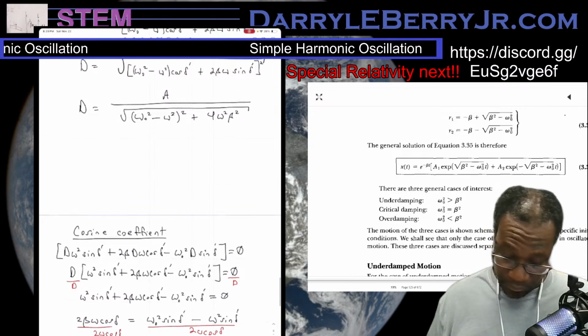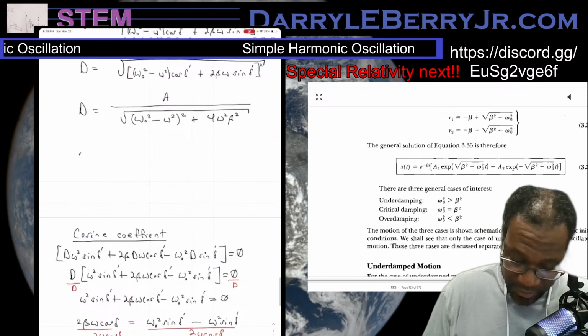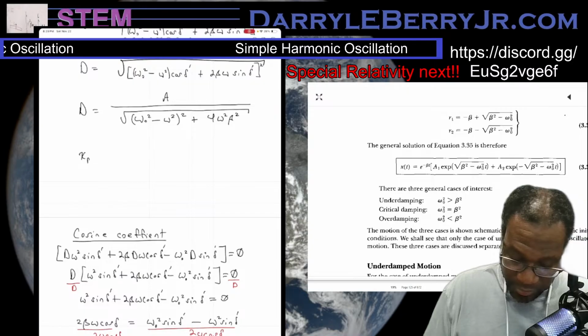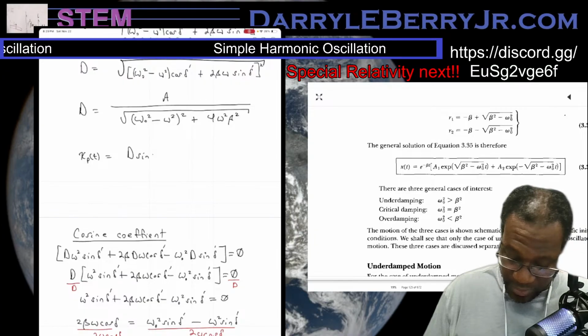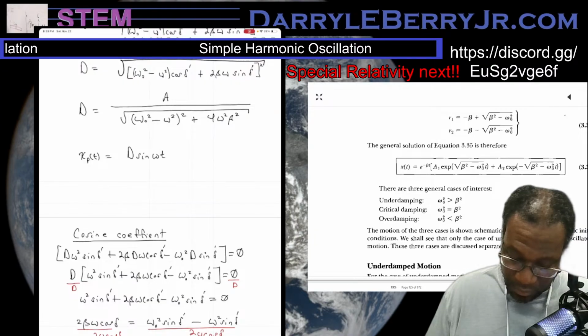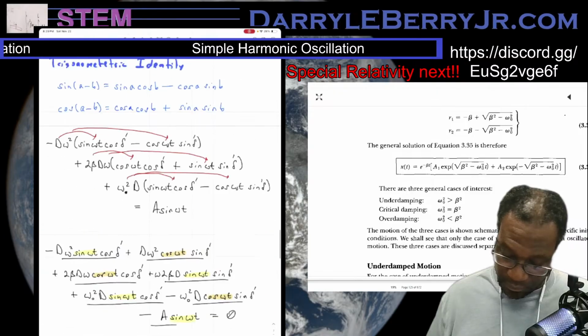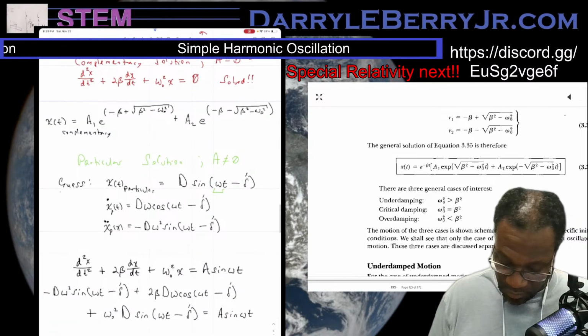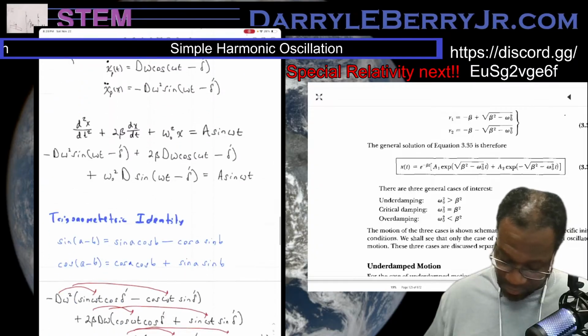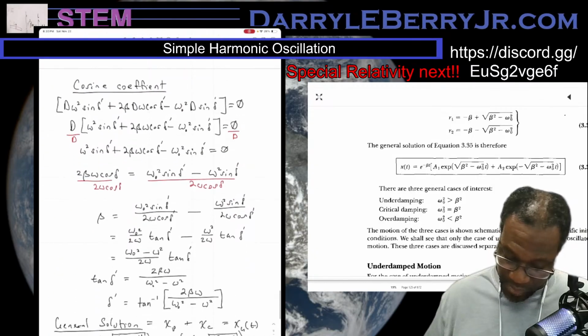All right, so remember our guess, particular C was D sine of omega t. Going back to our guess here, minus delta prime. How can I forget that minus delta prime?